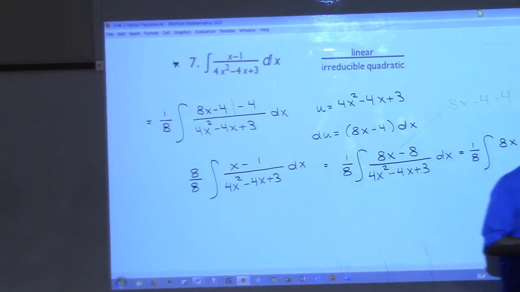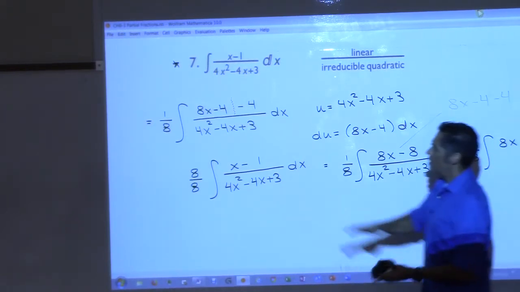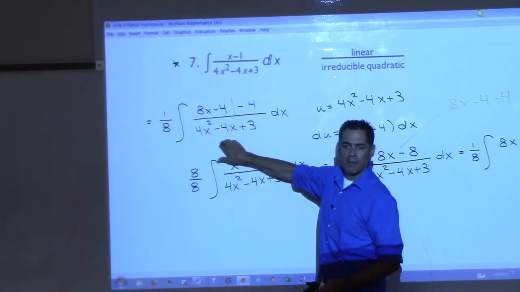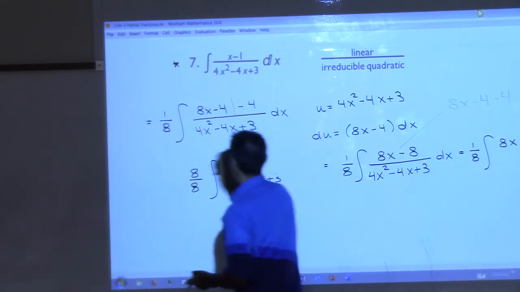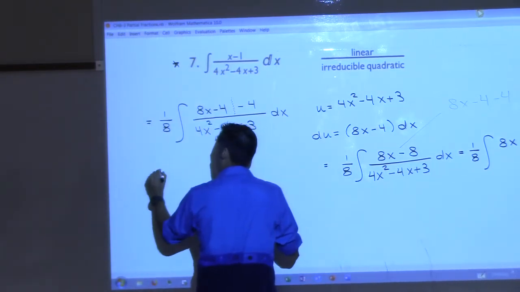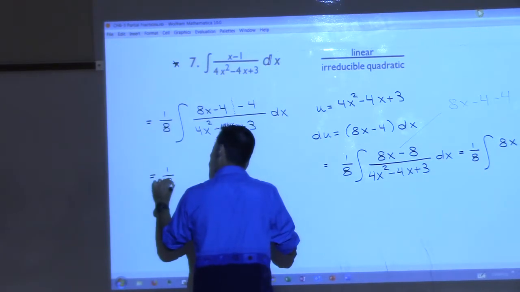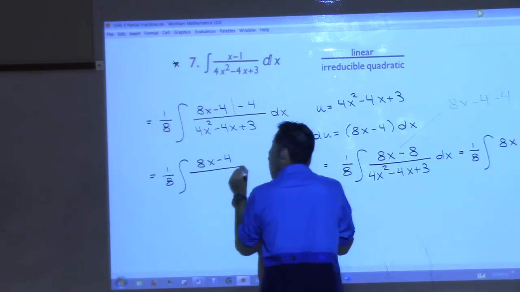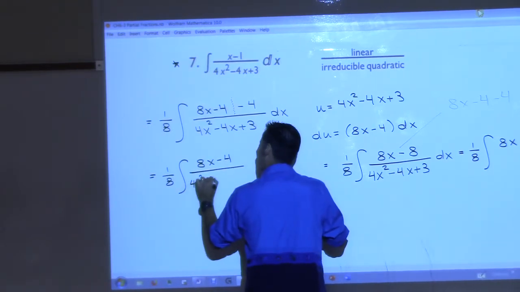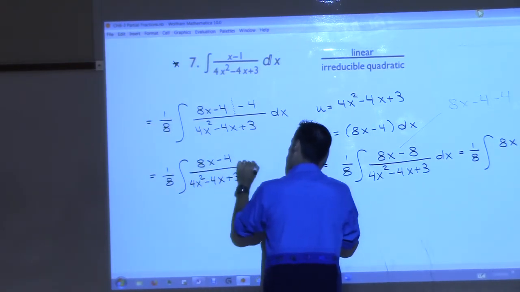I'm going to split this into 2 integrals now. Do y'all see that? I'm going to split it at the red. I'm going to do this over this plus this over this. Yeah? So let's see what happens. I have 1/8 integral 8x minus 4 over 4x squared minus 4x plus 3 dx.